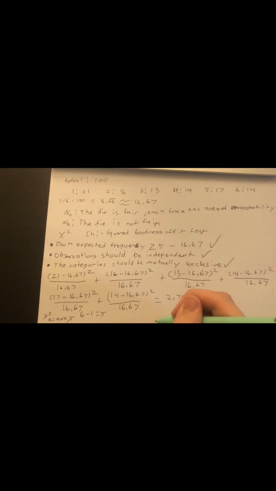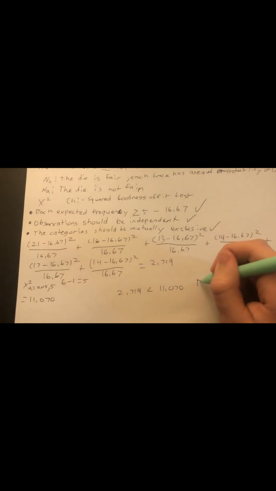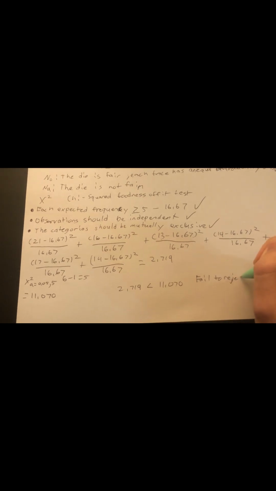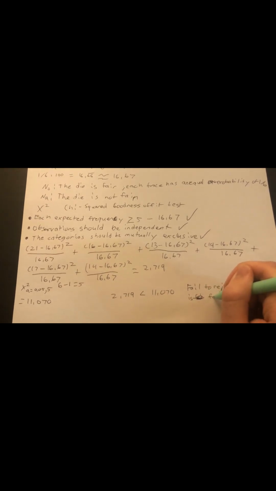And our value 2.719, our test statistic, is less than our critical value of 11.070. And so what this means is that we fail to reject the null hypothesis that the die is fair. My bad.